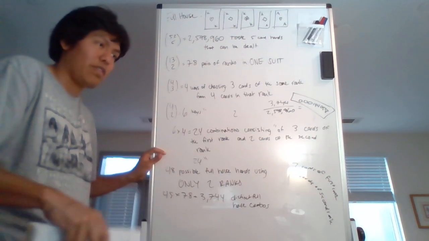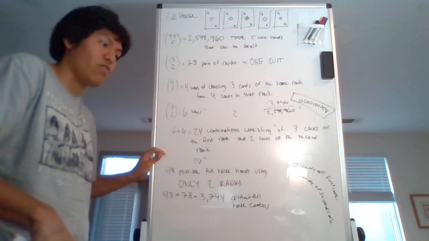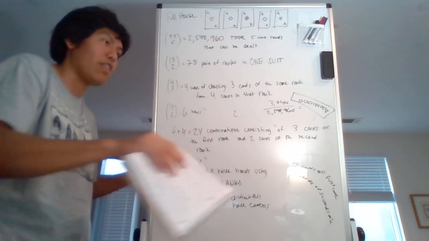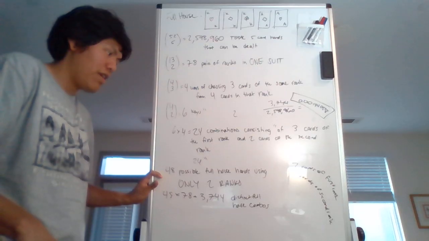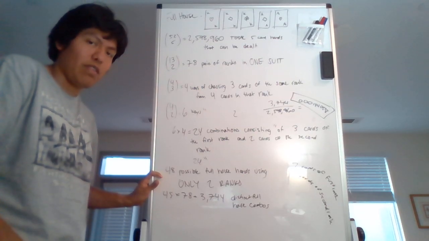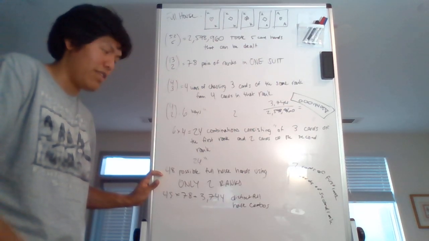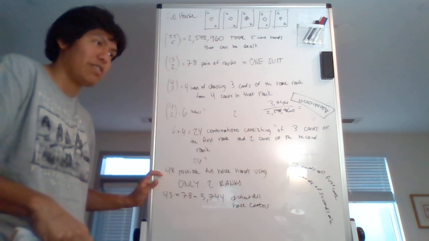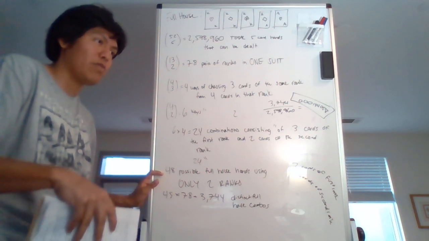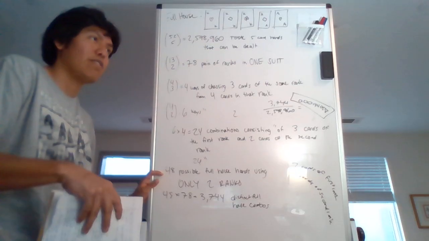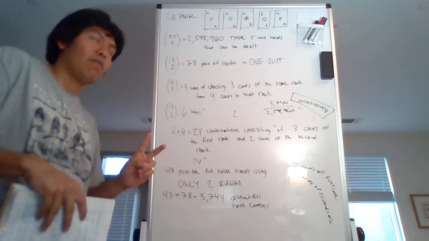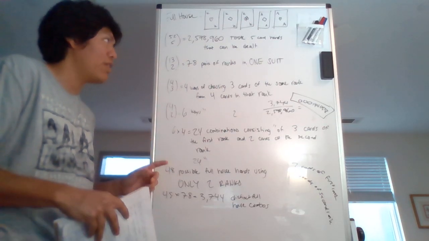We also said that there were the same amount of combinations if we chose 2 of that first rank and 3 of the second, which gave us 48. But that only tells us that there are 48 possible full house hands using 2 ranks, right? But in total, there are 13.